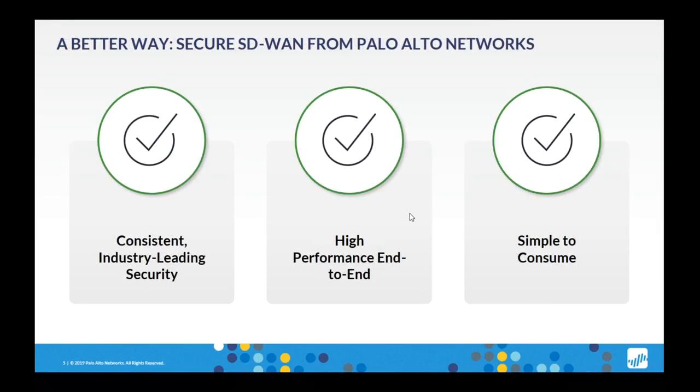So with SD-WAN from Palo Alto Networks, you know that Palo Alto already has next generation firewall with security embedded in it. So they already are the consistent industry leading security provider. And they are also known for the computing or the speed that they provide.